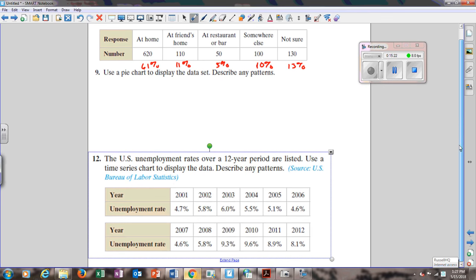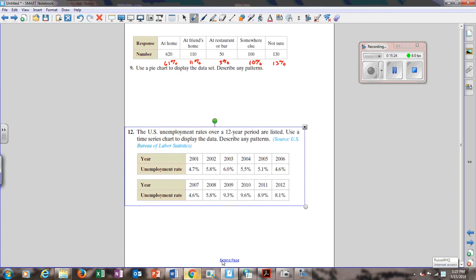So, number 12. Use a time series chart to display the data, describe any patterns. Same thing here. You're basically just doing a graph, like a line graph for the time series chart.